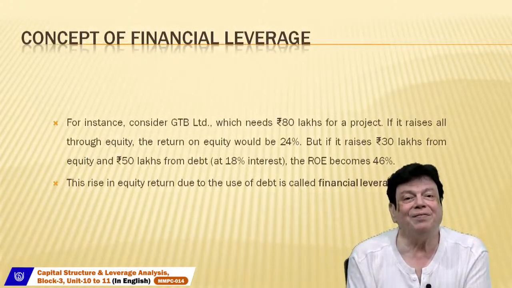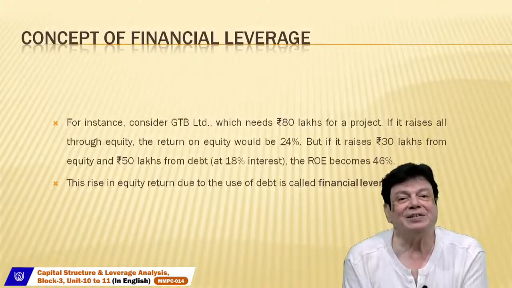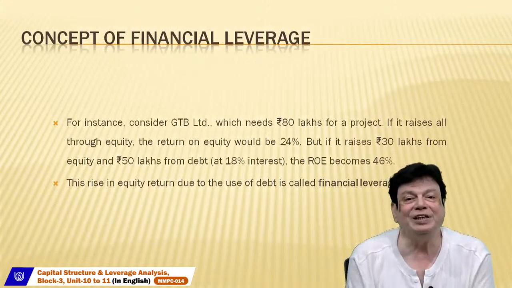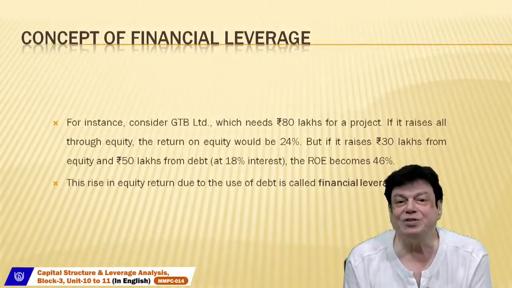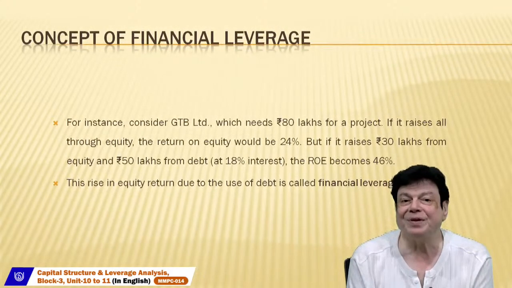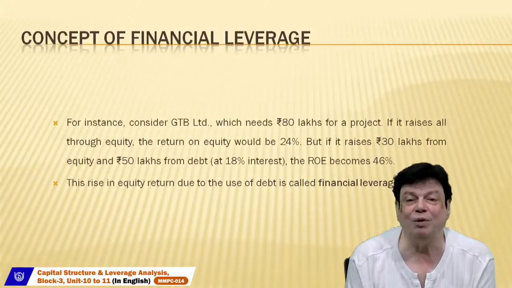Now we are taking the example of GTB Limited, which needs 80 lakhs for a project. If it raises all through equity, the return on equity would be 24%.